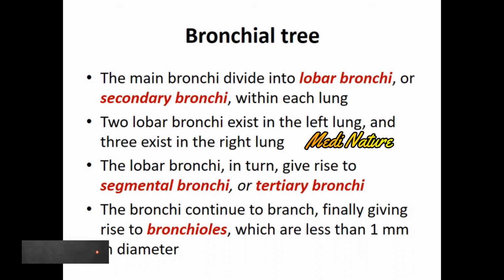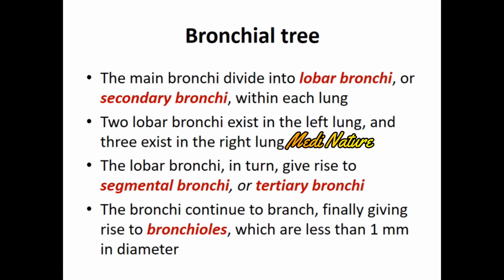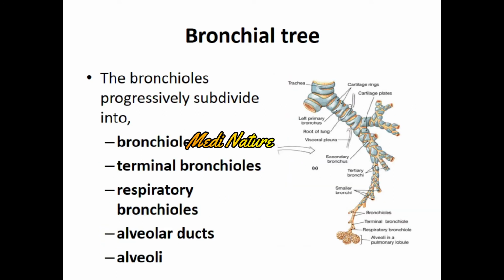The bronchial tree continues branching and finally gives rise to bronchioles. These bronchioles are less than 1 millimeter in diameter. These 1 millimeter wide bronchioles then progressively subdivide into bronchioles, terminal bronchioles, respiratory bronchioles, alveolar ducts, and finally alveoli.